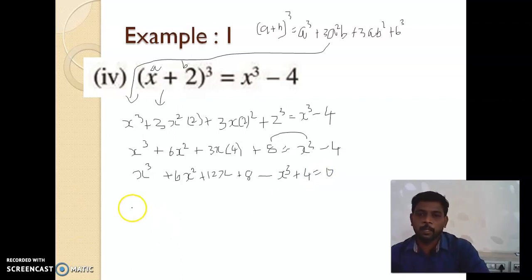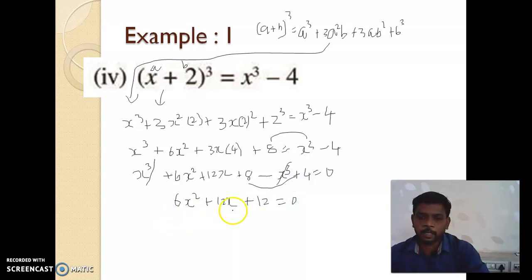Here x³ minus x³ will cancel each other, and the remaining is 6x² + 12x + 12, since 8 plus 4 is 12, equal to 0.